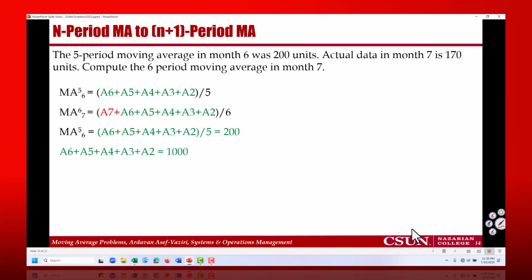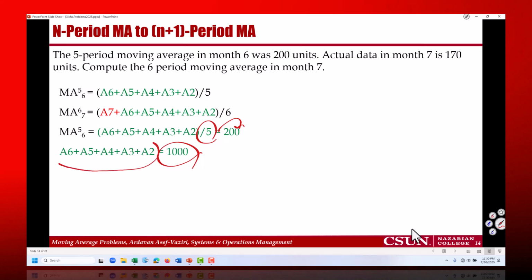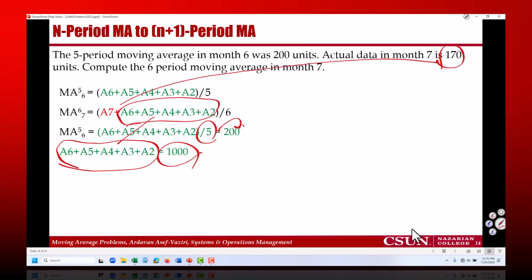Therefore, I can multiply this 5 by this 200 and get 1000, and that would be the summation of these 5 numbers. Now I can put it over there, and I can bring this one and place it there. Then I can divide the summation by 6.